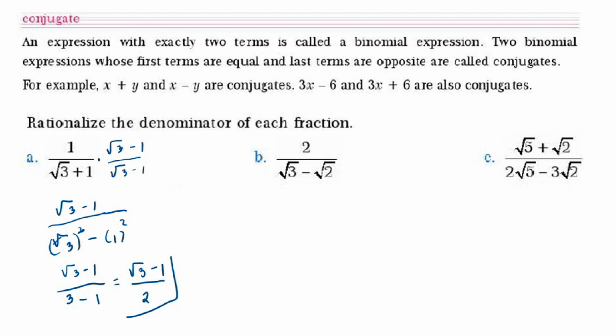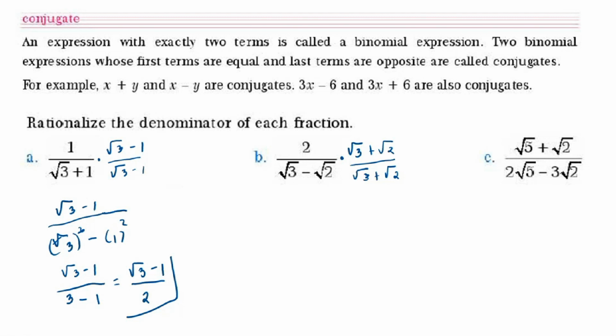All right, for letter B, what is the conjugate of our denominator? This will be multiplied by square root of 3 plus the square root of 2 all over square root of 3 plus the square root of 2. Do not forget our idea of multiplying by the conjugate: we multiply by 1, because the fraction that I write here is equivalent to 1.